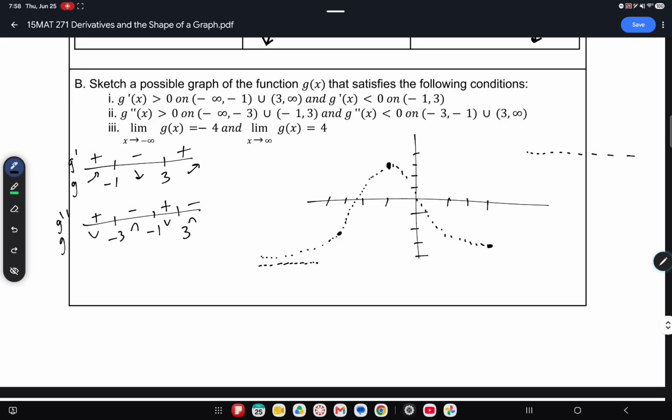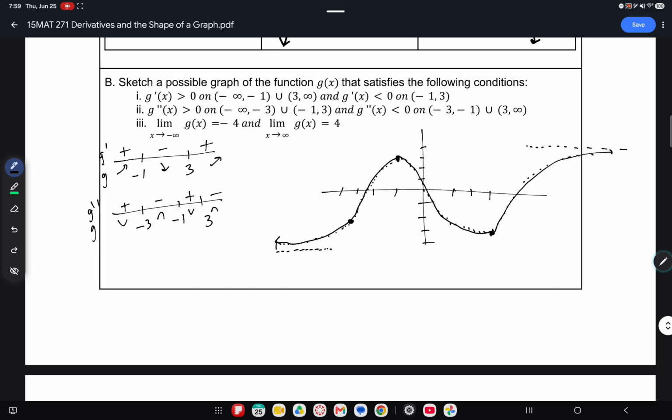And then at 3, I'm changing concavity, and then we turn to increasing. And I think that follows all the conditions. So I'll just go ahead and make it more solid. And there we have a sketch that meets all those conditions.